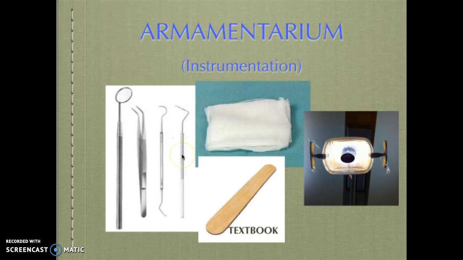It's simply here as part of the photograph of a basic setup. 2x2 gauze we will be using mostly for inspection of the tongue, and a lot of textbooks will include a tongue depressor, although in dentistry we normally use a mouth mirror to retract or depress any tissue. And a light is very important. It's important to have good lighting when performing the mouth mirror inspection.